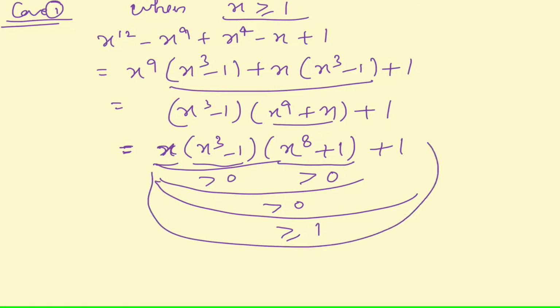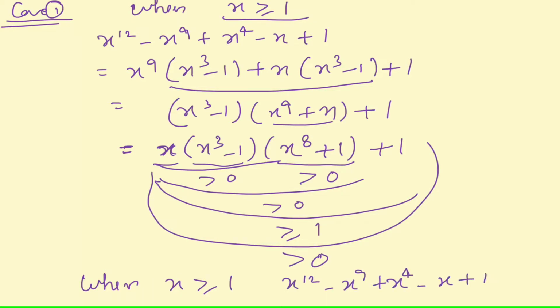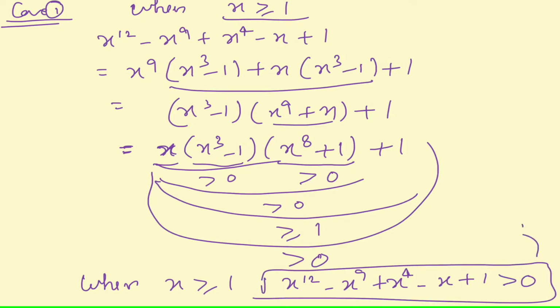That means it is positive. So you can say that when x is greater than or equal to 1, x to the power 12 minus x to the power 9 plus x to the power 4 minus x plus 1 is greater than 0. This is case first.